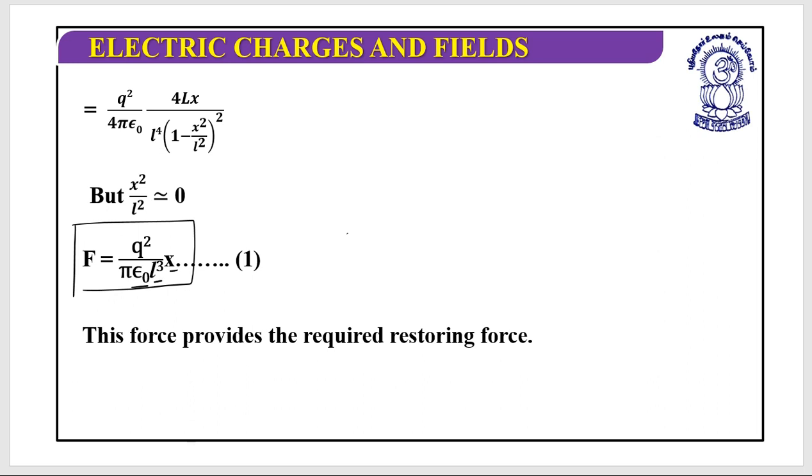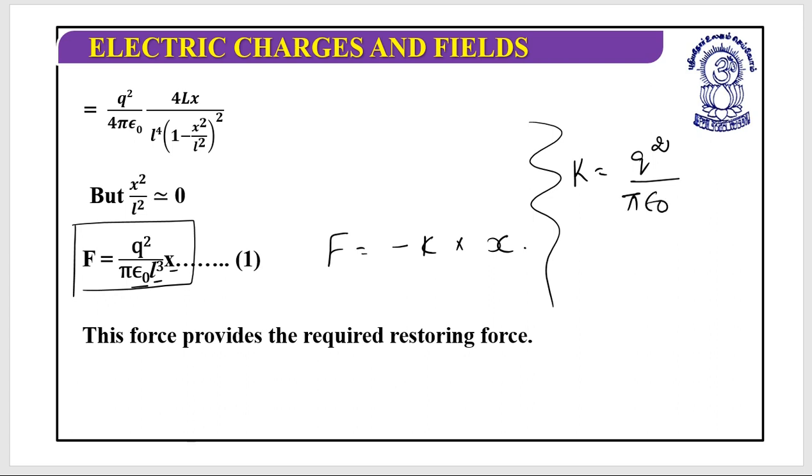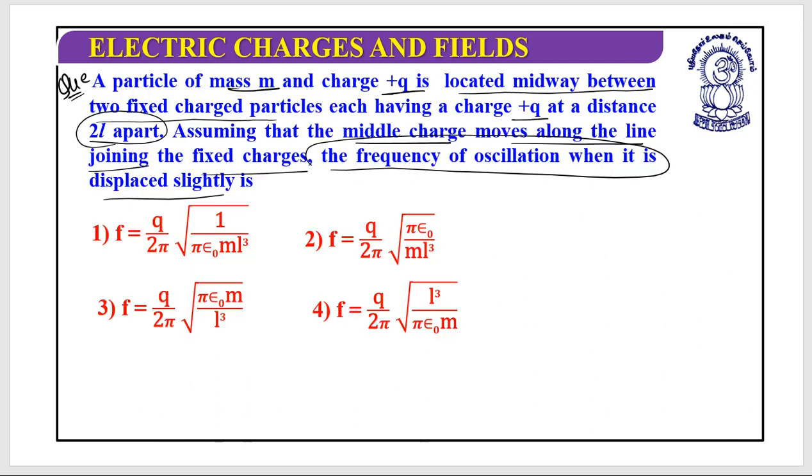So I can compare this with the relation for which SHM is required. If I compare this relation with this relation, k would be equal to q square divided by pi epsilon naught l cube. Now I know that k would be equal to m omega square, and while I write m omega square, what do I require?